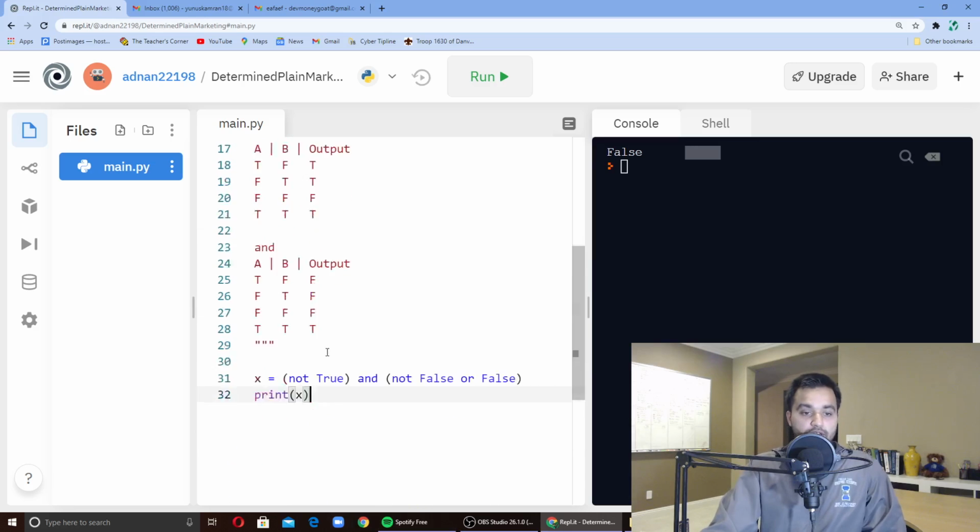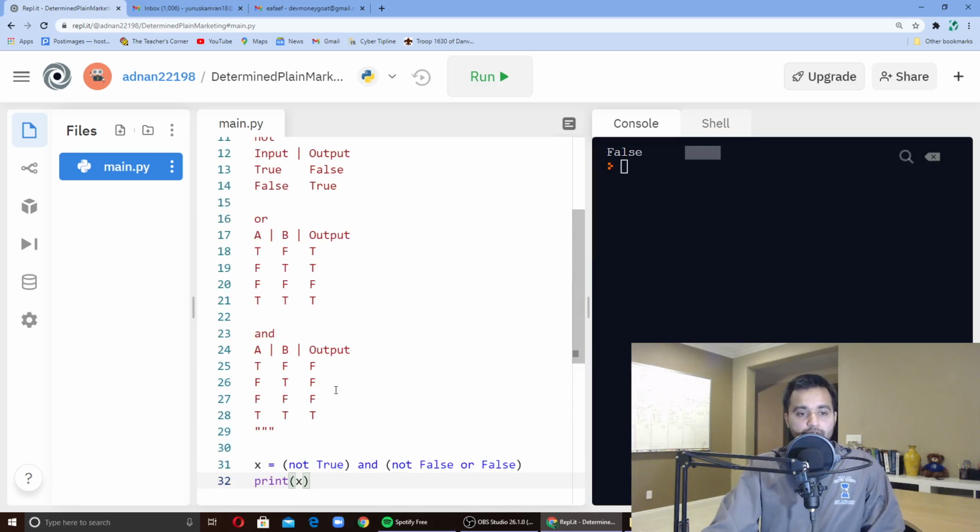So that's that. And I really want to go over short circuit evaluation. That's important. Notice how short circuit evaluation only applies to or and and. The idea of short circuit evaluation is that the left side alone is good enough to determine the whole thing. So when I say or, if A is true, then true will be outputted, and the same thing here.